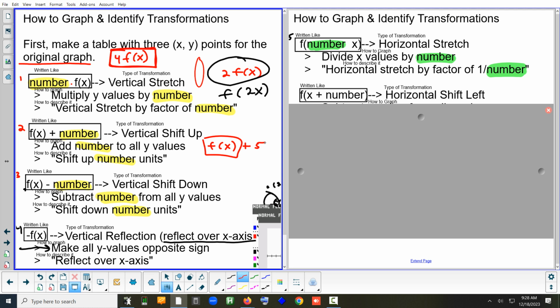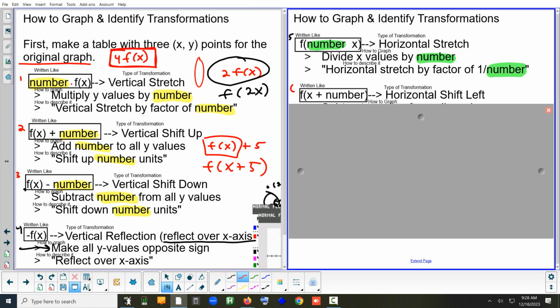Outside. How about now? Inside. That's the difference between box 6 and box 2. One has the number outside, one has the number inside.